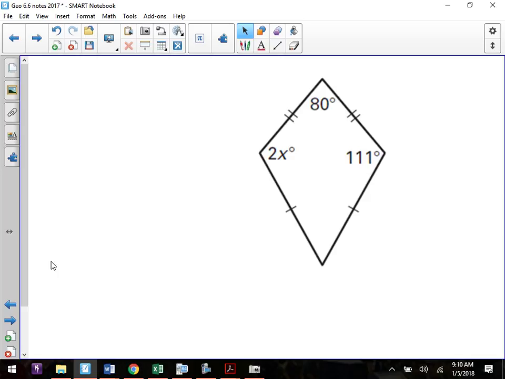Once again, we take the properties and things like that, and we relate it back to the algebra, because that's kind of what we always seem to do.